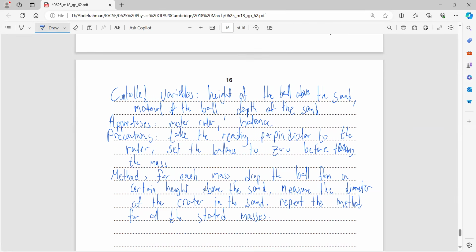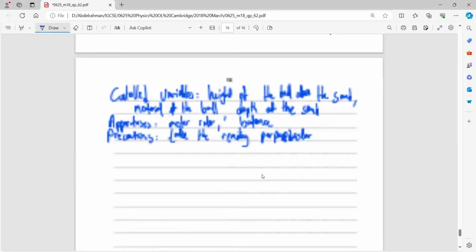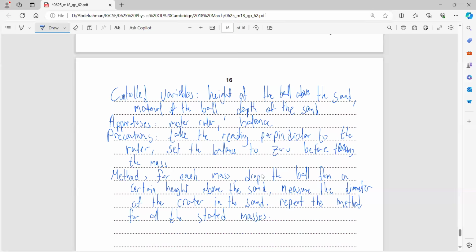For this question, he did not say that he needs a table. Usually, he says that he needs a table. For this question, he did not state that, so we will draw a graph. The graph in this question would be quite easy. Why? It's quite logical.